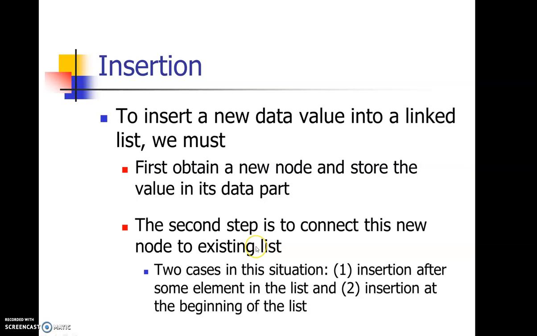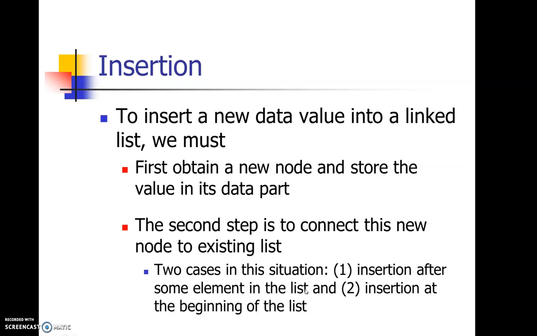Then, depending on the scenario, actually what is the insert location that you want, we try to put this item into the linked list. There are two scenarios. The first one is the general scenario, where I want to insert the item after some element in the list, which means you want to insert the new item in the middle of the linked list.